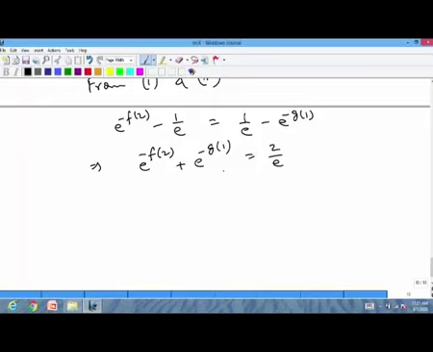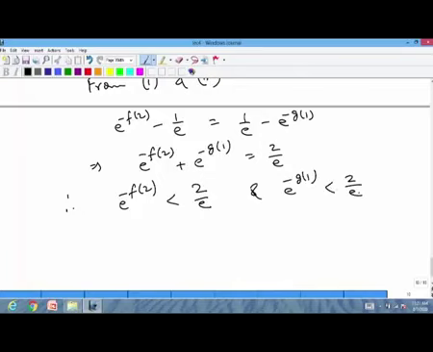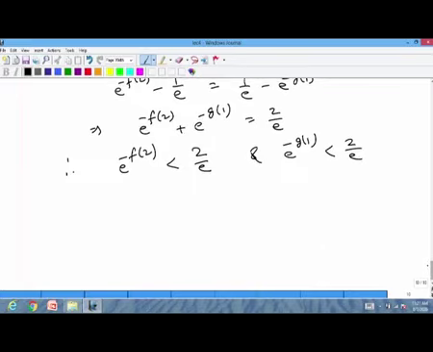So, this implies e to the minus f of 2 is strictly less than 2 by e, and e to the minus g of 1 is also strictly less than 2 by e. So, this implies e to the f of 2 is bigger than e by 2, and e to the g of 1 is bigger than e by 2.